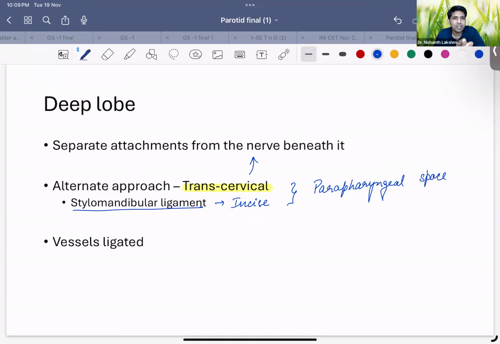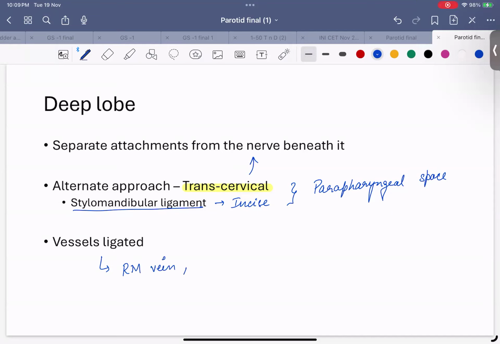Now, I told you your idea is to safeguard the nerve alone, but you will have to take the vessels. So can you tell me what are the vessels that we are going to ligate? Retromandibular vein, superficial temporal.